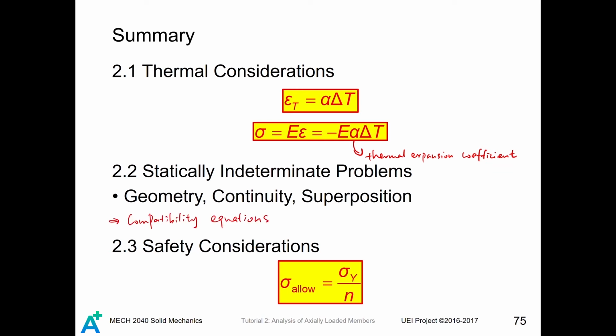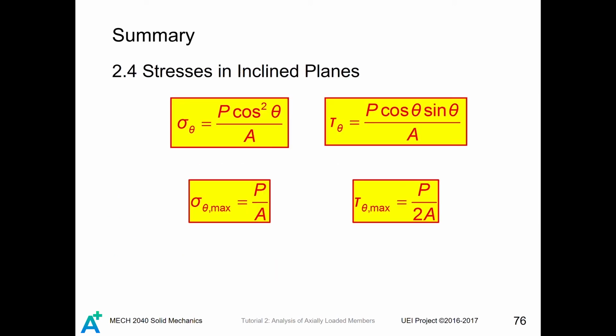Besides, we also discussed safety considerations. We talked about the relationship between the yield stress, the allowable stress and the safety factor. Finally, we discussed the stresses in inclined planes as well as the maximum shear stress and the tensile stress.